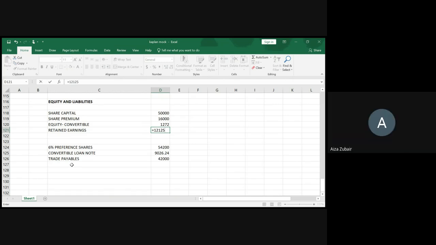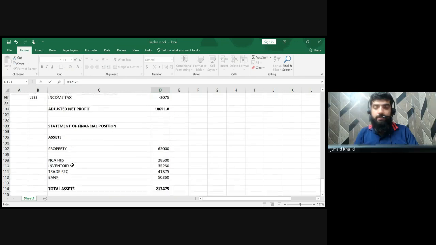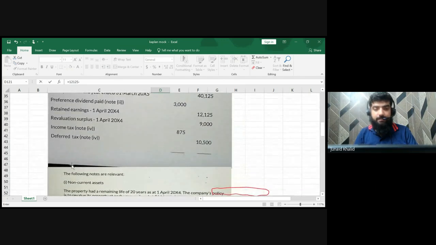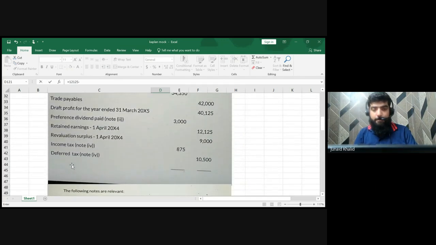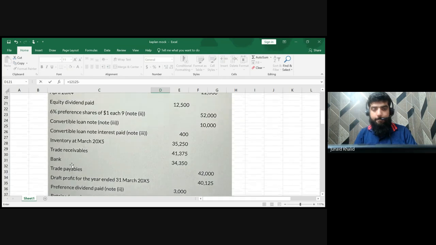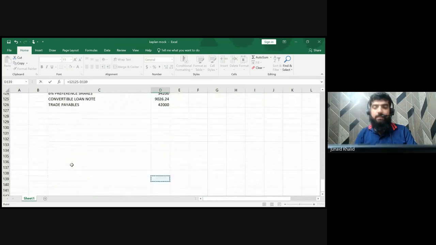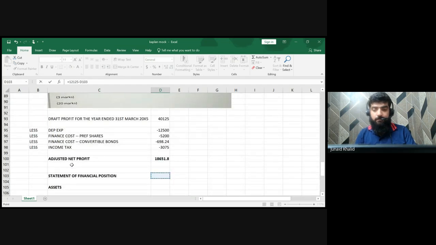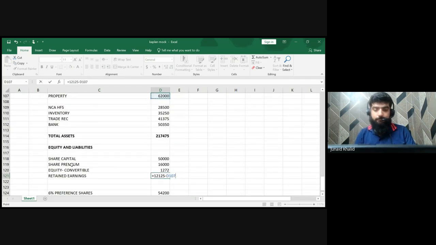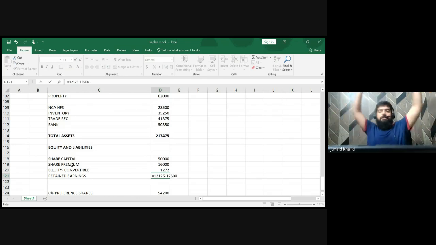We subtract the dividend paid. Okay, the dividend that we have paid is 12,500. Any other adjustment that we need to make? Yes, any other adjustment in the retained earnings that we need to perform?